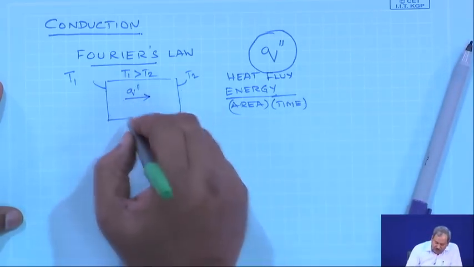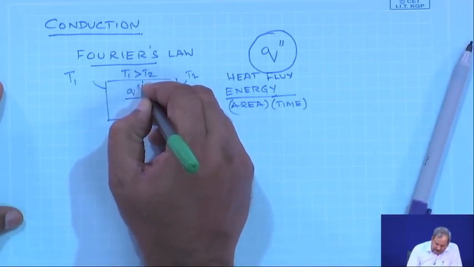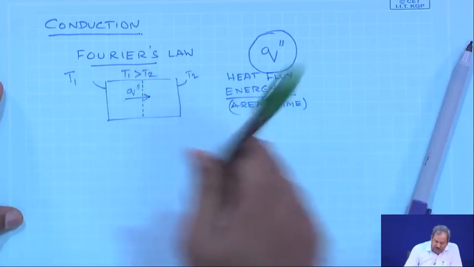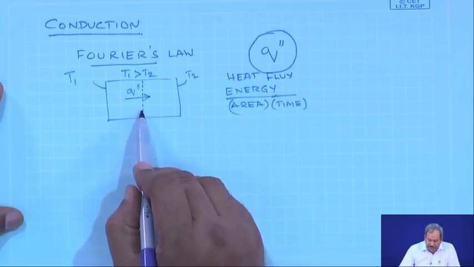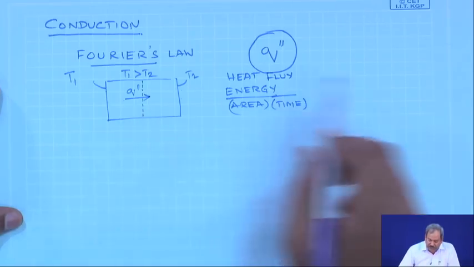When I talk about per unit area, it is the area which is perpendicular to the flow direction. So, that is what I mean by area. It is the area which is perpendicular to the direction of the flow.